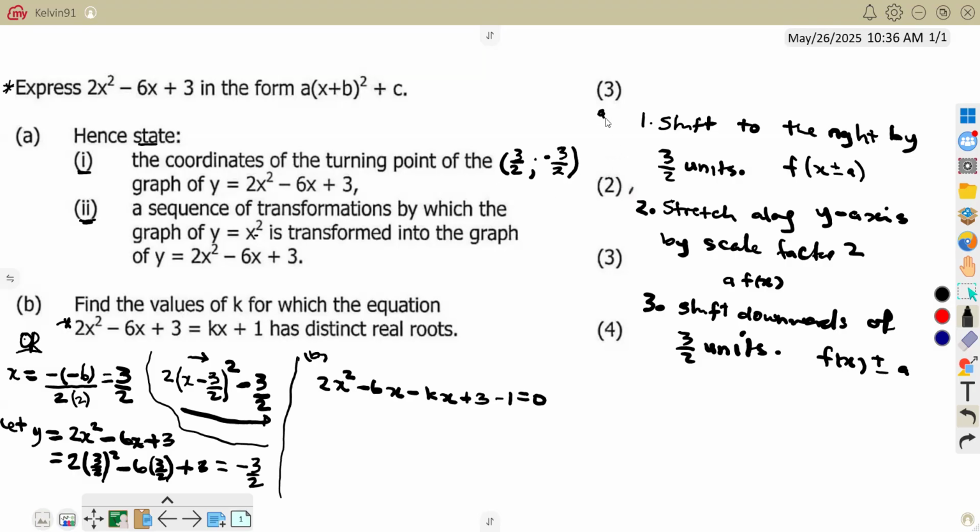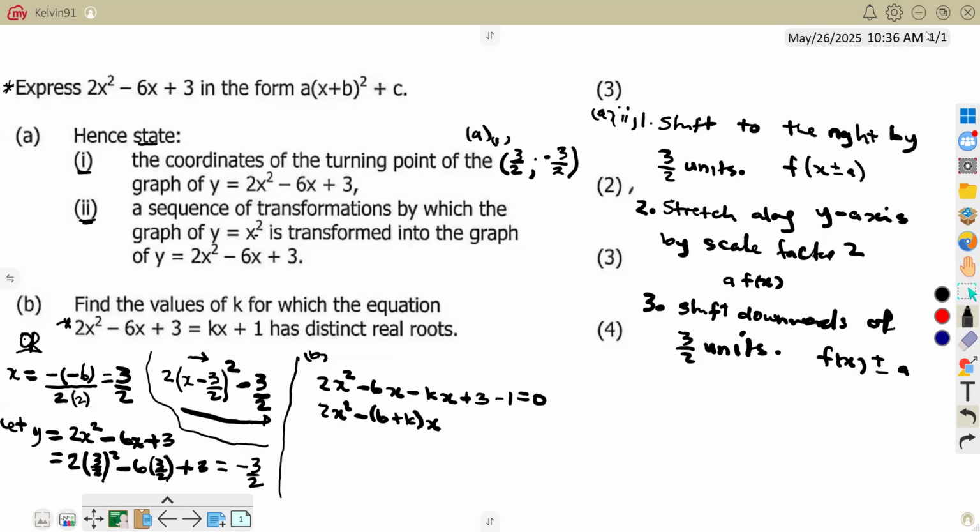This one was A2. This one was A1. So this one is B. Then you write it as 2x squared minus 6x, minus kx.